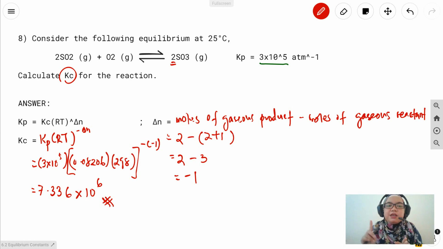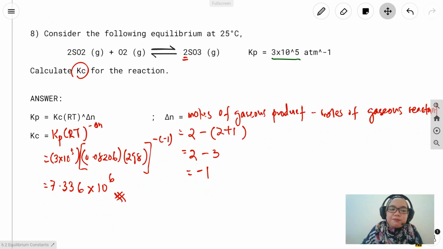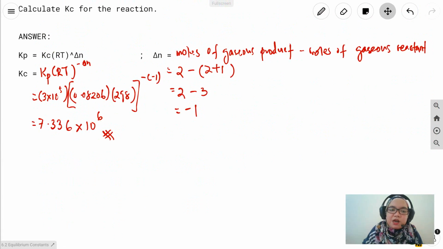And take note that we do not include pure solid and liquid phases in the equilibrium expressions Kc and Kp. So we just include gases and aqueous states. But for partial pressure, we just include the gaseous state only. And you have to know how to derive the equation Kp equals Kc times RT to the power of delta N. So that's it for chapter 6.2 part 1.